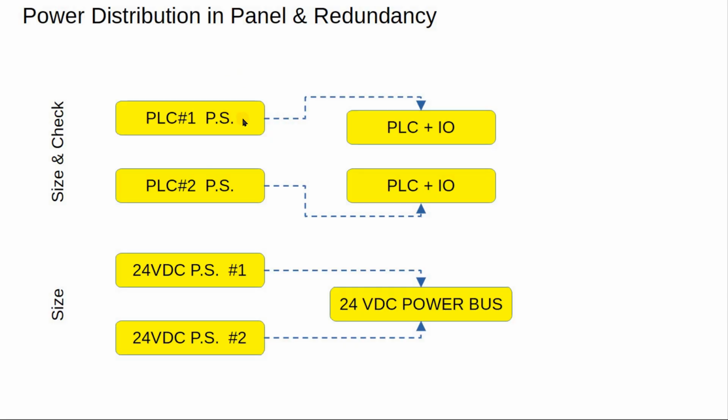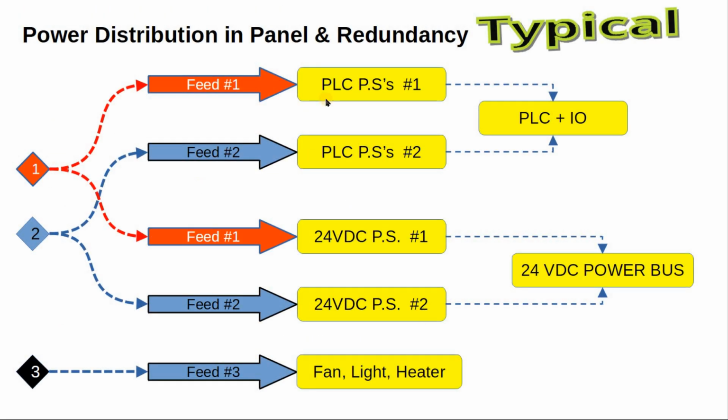In a PLC, you can have one PLC, maybe one and one redundant, and also the auxiliary power supply. You may have one or more auxiliary power supplies. If you have one feed feeding all of them, then you will have the power distribution from one cable to everything.